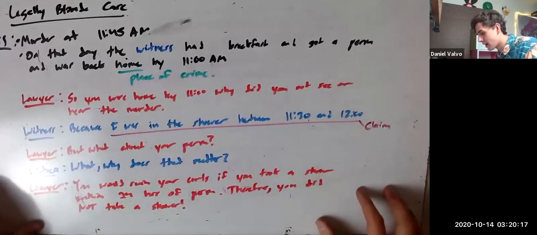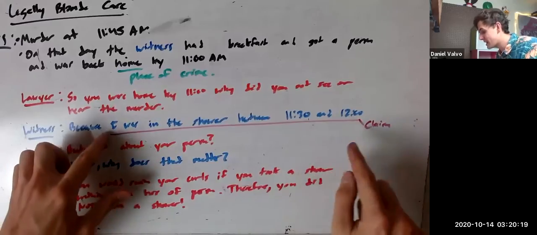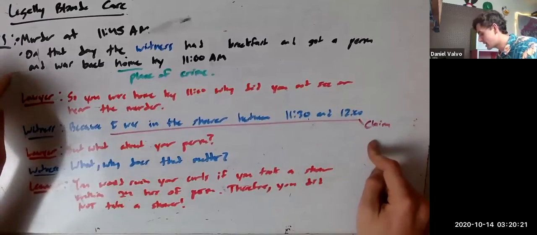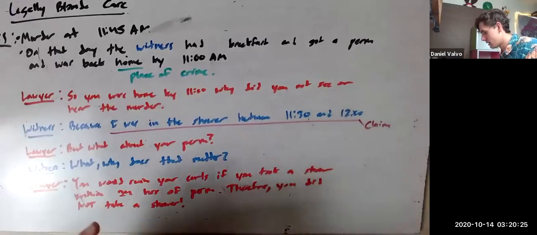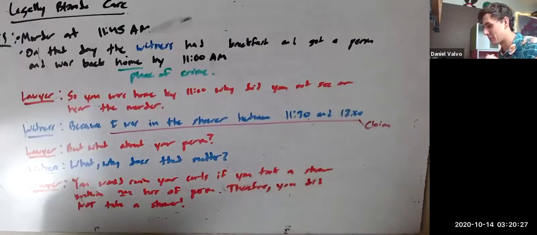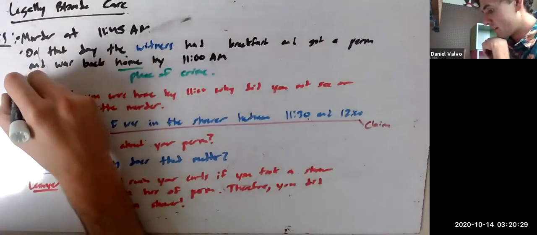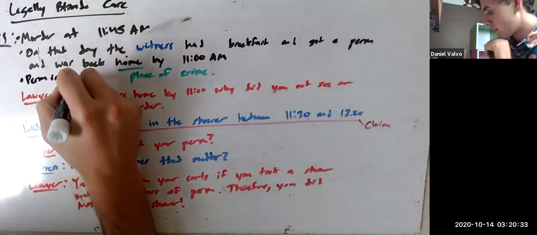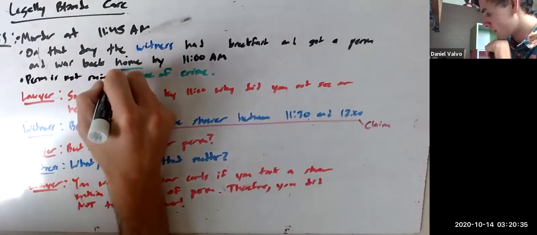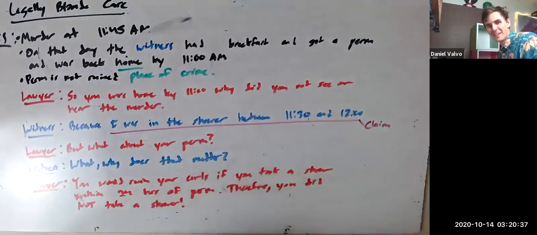What she did here is she showed that the witness's claim contradicts the facts, right? I guess another fact would be the perm is not ruined, right?